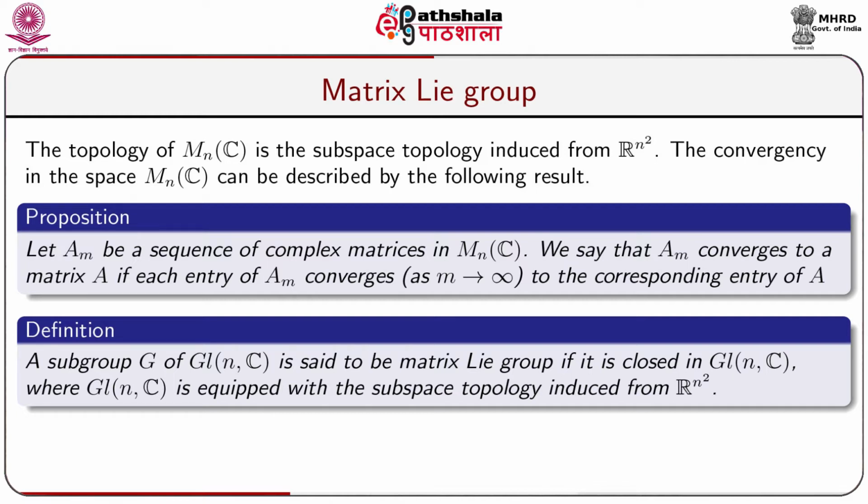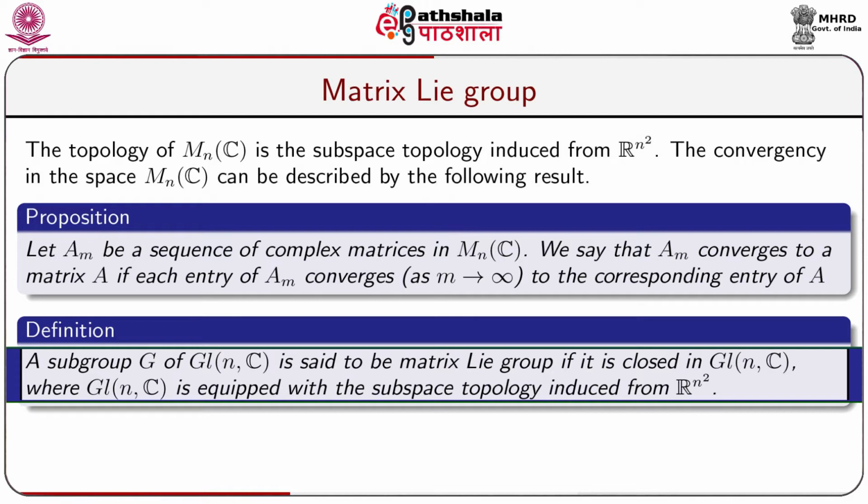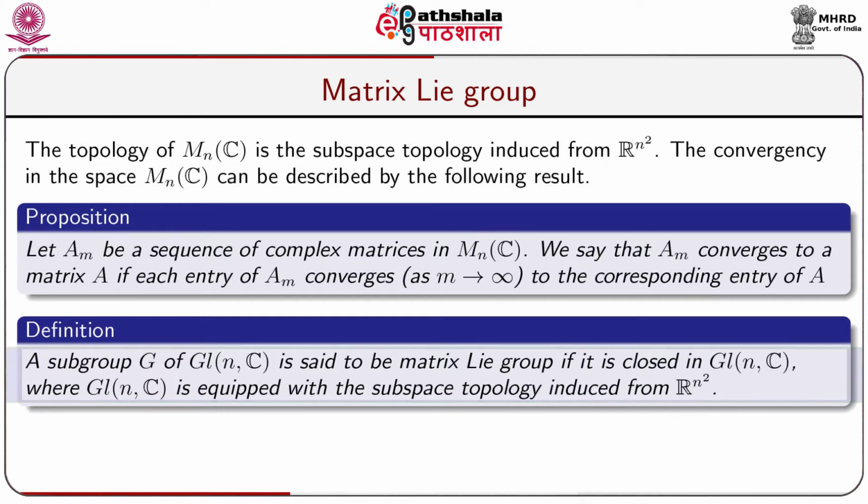Now let us define matrix Lie group. By matrix Lie group we shall mean any subgroup G of GLNC which is closed in GLNC.